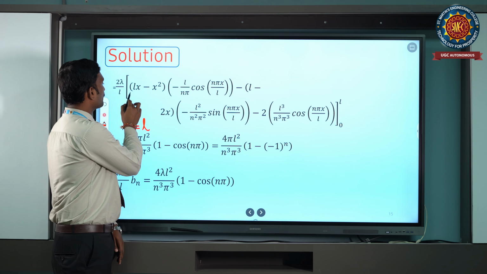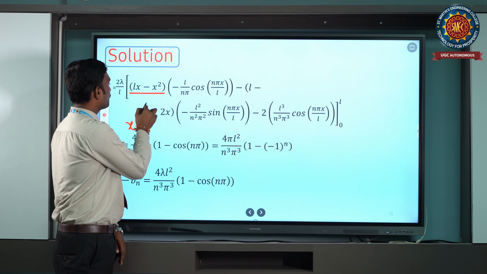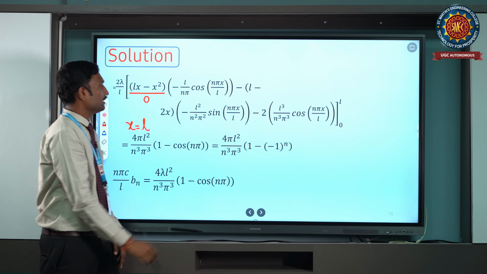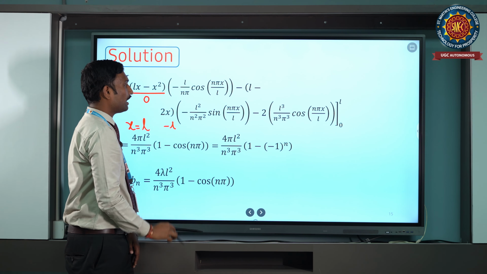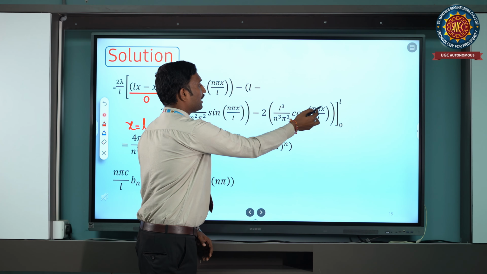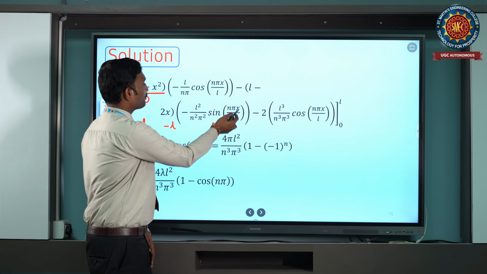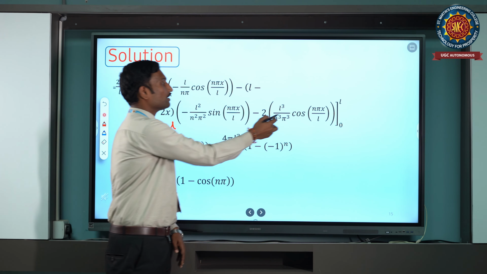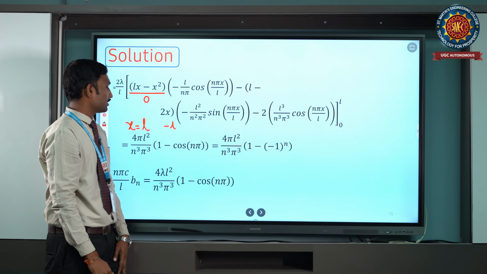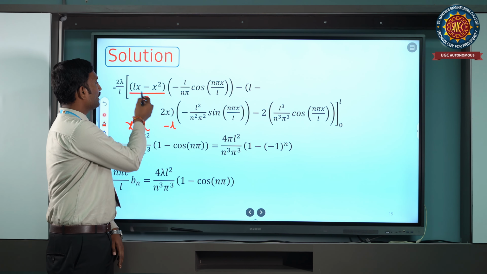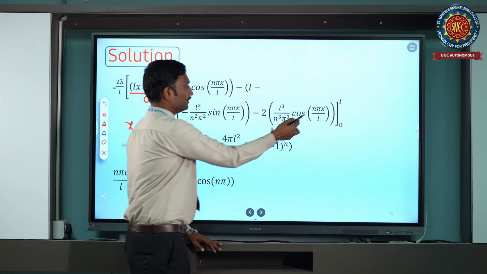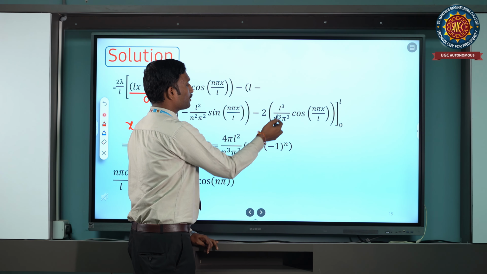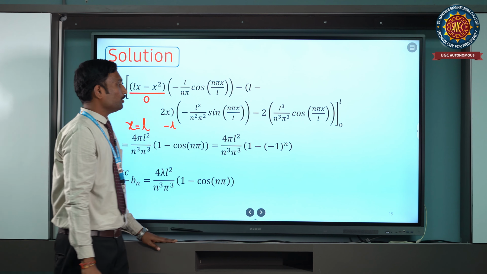If we substitute x equals L here, this term becomes 0 and L minus 2x becomes minus L, and this becomes sine(nπ) and cos(nπ). By substituting the lower limit, this becomes 0 and this becomes 0 and this becomes minus 2L³/(n³π³).